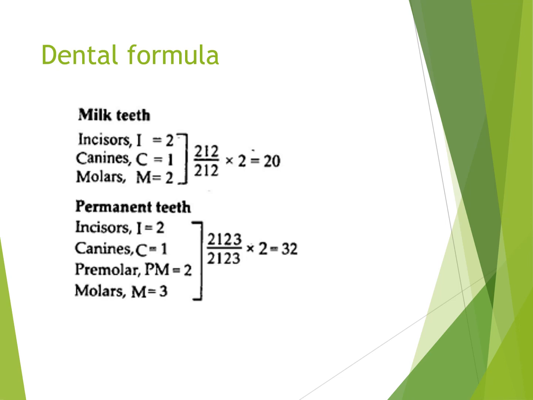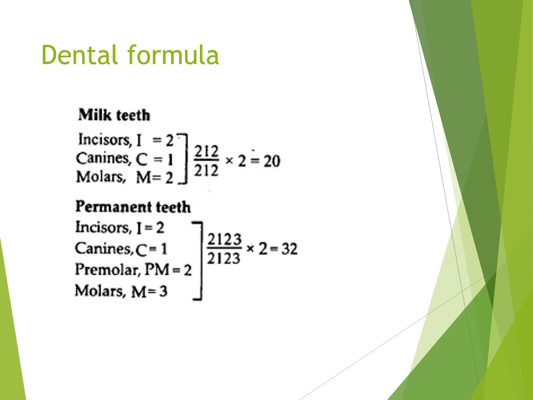That is, the maxilla has two incisors, one canine and two molars, which makes a total of 10, 5 plus 5, into 2, which becomes 20. For each quadrant, we have two incisors, one canine and two molars. So for a maxilla, we have 5 on either side, which makes a total of 10. So maxilla 10 and mandible 10, which makes up a sum of 20 teeth in the deciduous dentition.